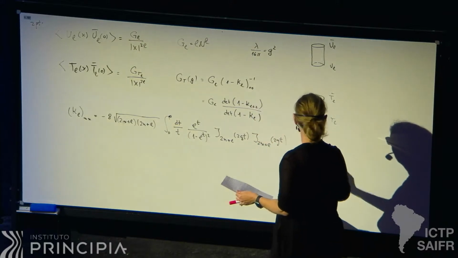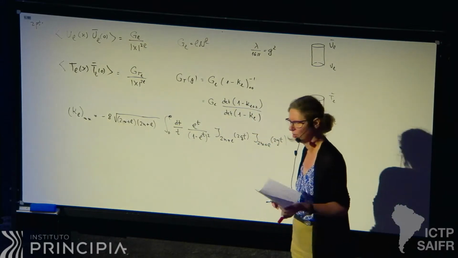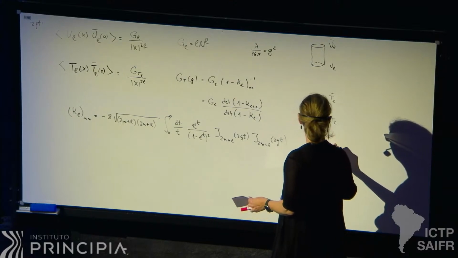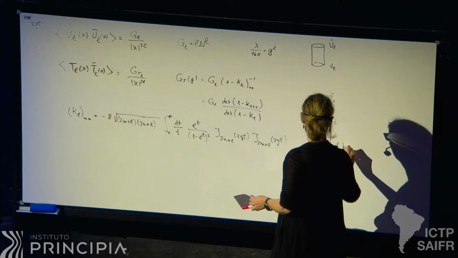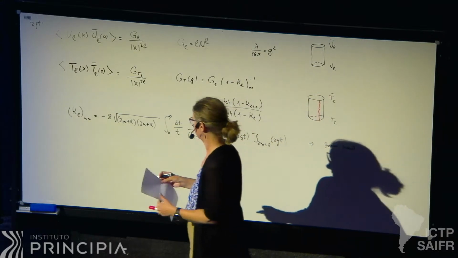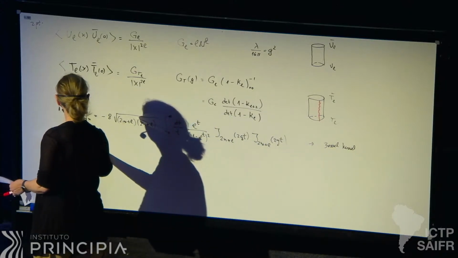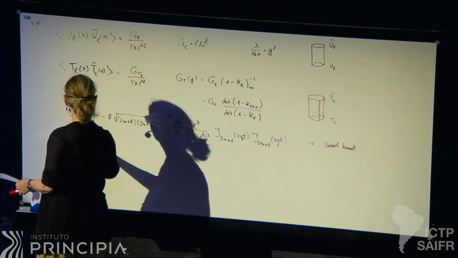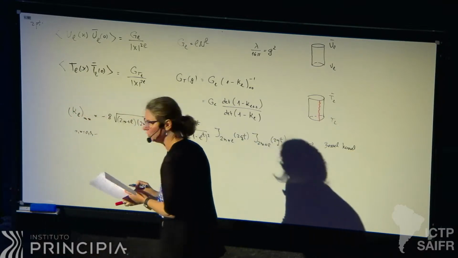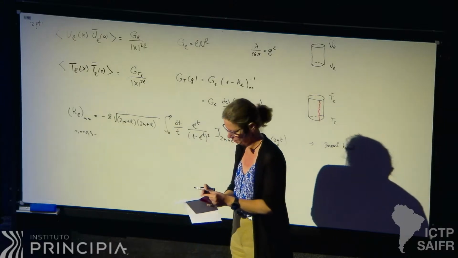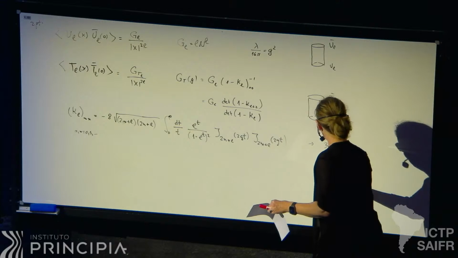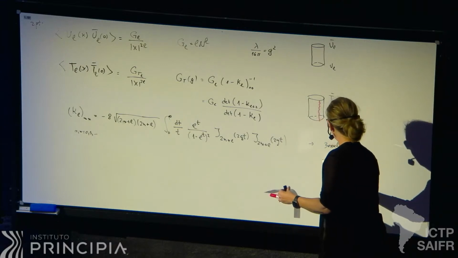So that's an object that will appear also in the next talk. It's a Bessel kernel. And it appeared in the study of the simplest four-point function that Frank proposed some years ago.